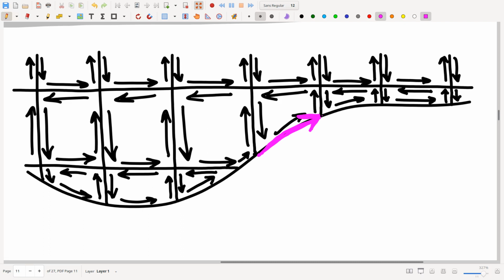And likewise, that one doesn't cancel with anything, and that doesn't cancel with anything. And likewise, coming from the other direction, these also don't cancel with anything. So all that remains is exactly as it should be, the circulation on the boundary of the original hole.